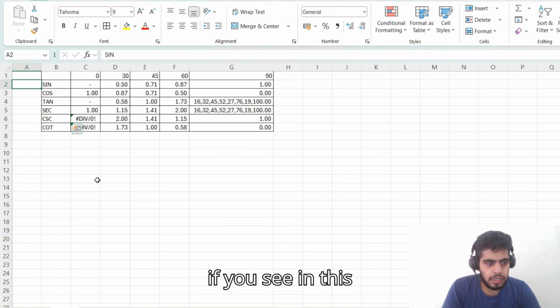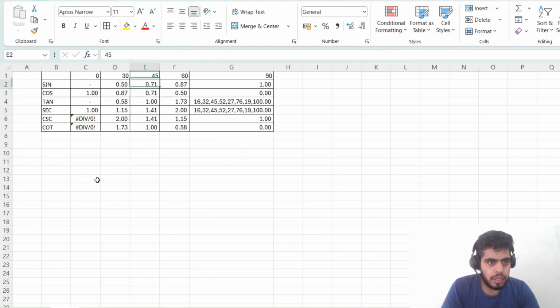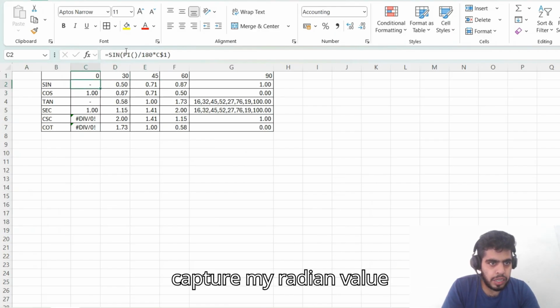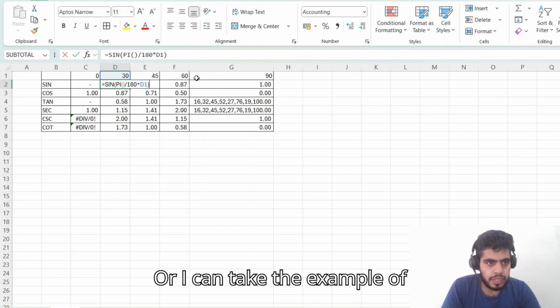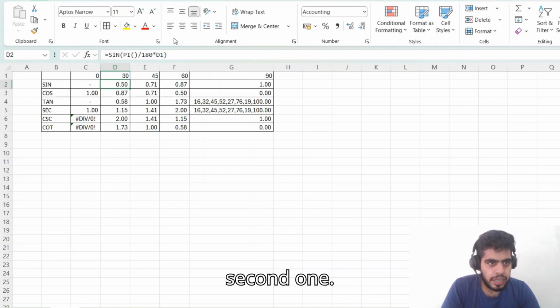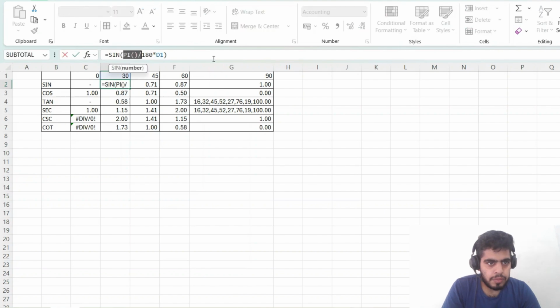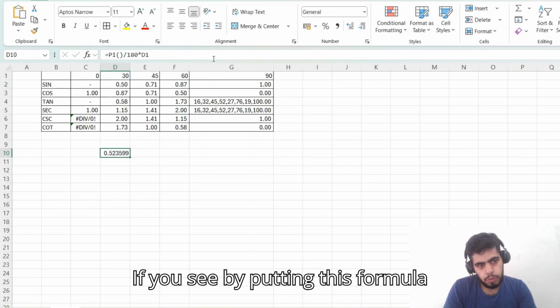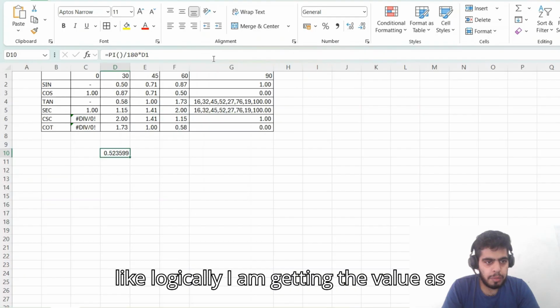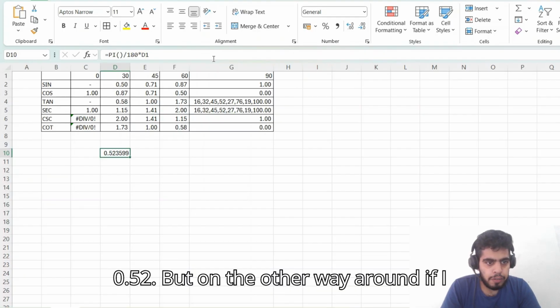So if you see under this formula, we're just trying to capture my radian value, or I can take the example of the second one. If you see by putting this formula, logically I'm getting the value as 0.52.